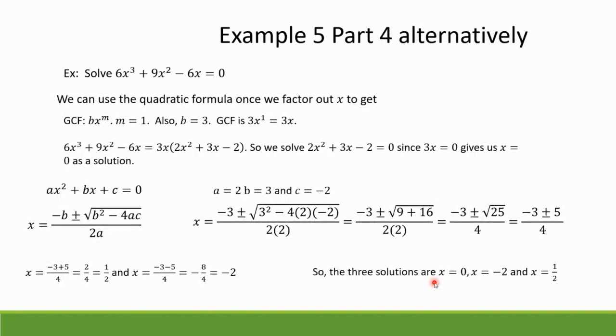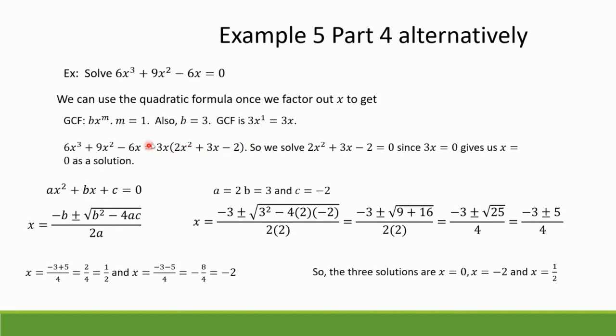Let's do another one. Well, sorry, not another one, well, sort of. We could use the quadratic formula here. I mean, not initially, right? Because it's degree 3. But as we saw, if you were to factor out the GCF, you will have a quadratic.